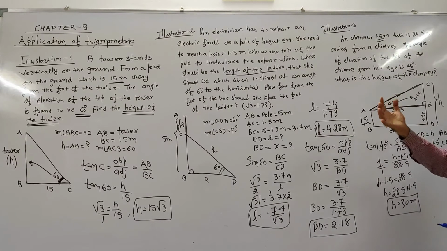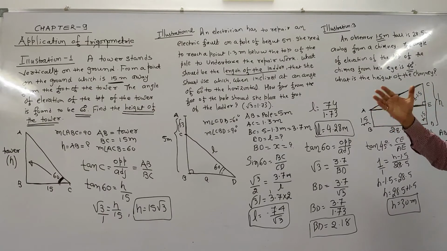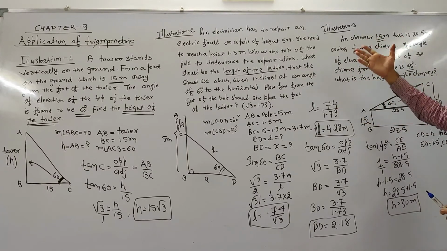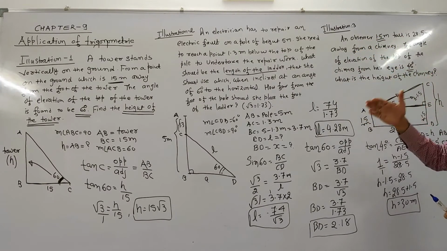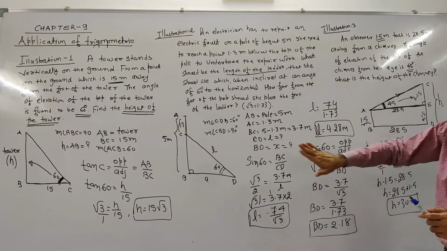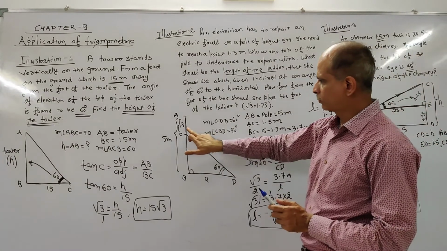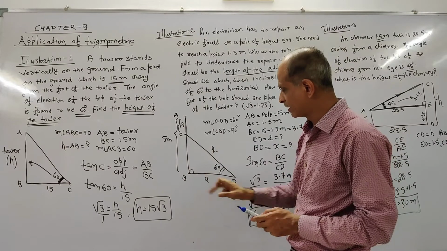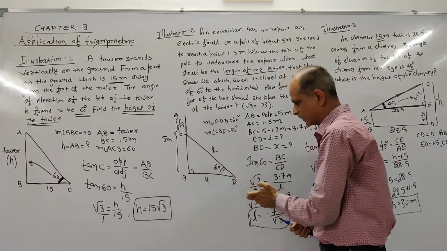So here we have solved 3 examples. One is related to a tower. Distance is given to you and you have to find the height of the tower. Here an electric pole is given to you and one has to go for repair work 1.3 meter below the top of the pole. So, a somewhat complicated example. You have to subtract 1.3 from 5. You get 3.7, that is CB, and your triangle is CBD.